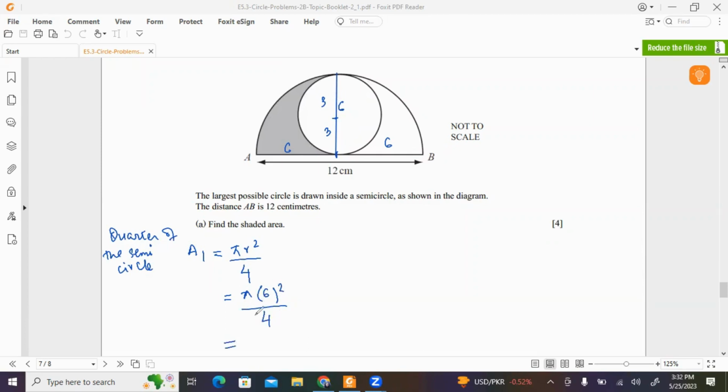So that's going to be 9 pi, which in decimal is 28.27 centimeters square. Then area 2 is the semicircle inside the big semicircle.